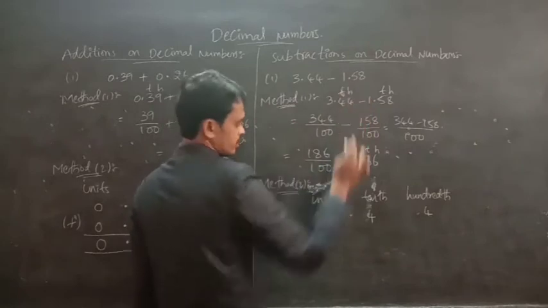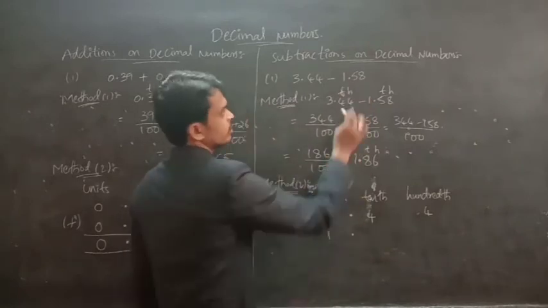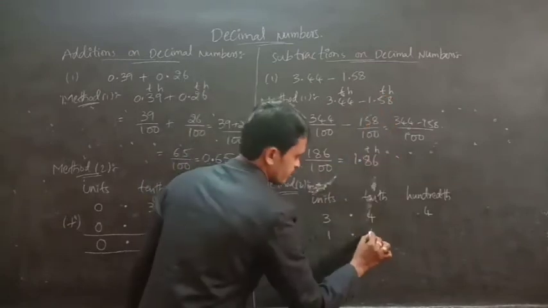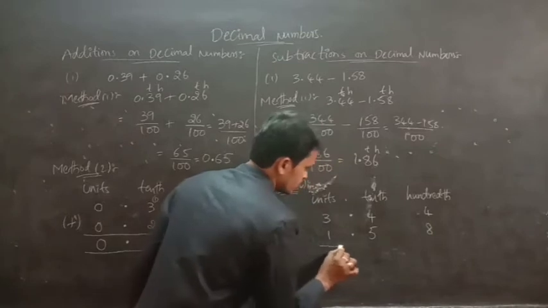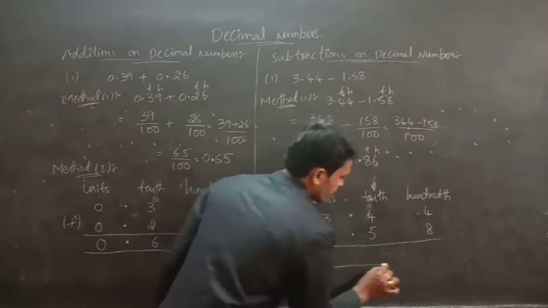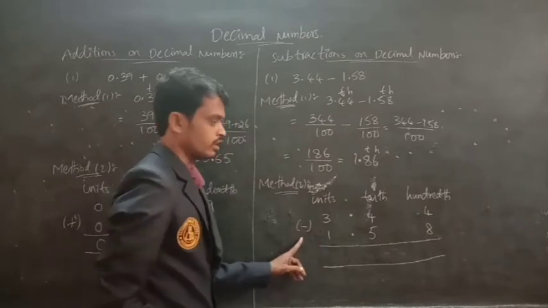For the other number, the units place is 1, the tenth place is 5 and the hundredth place is 8. Now we are doing subtraction, so let us keep the subtraction symbol.